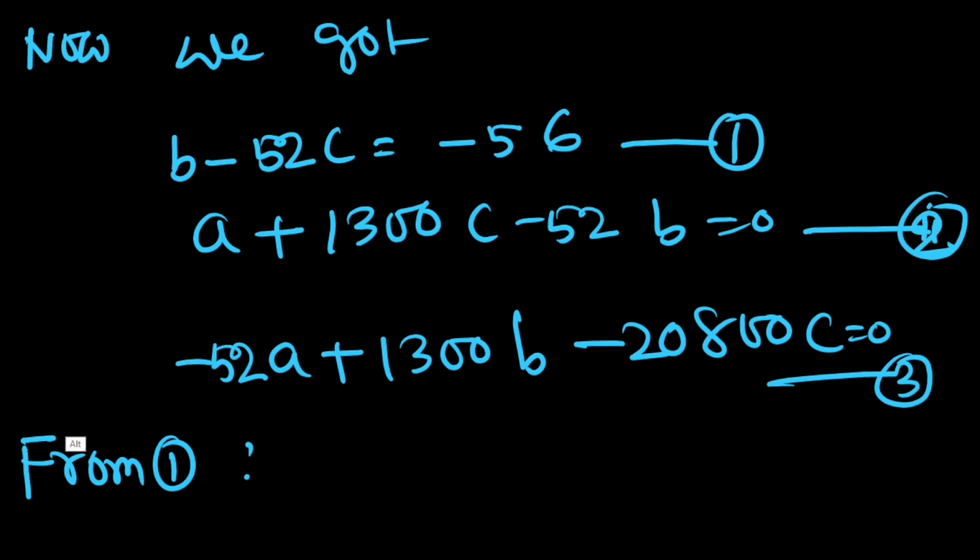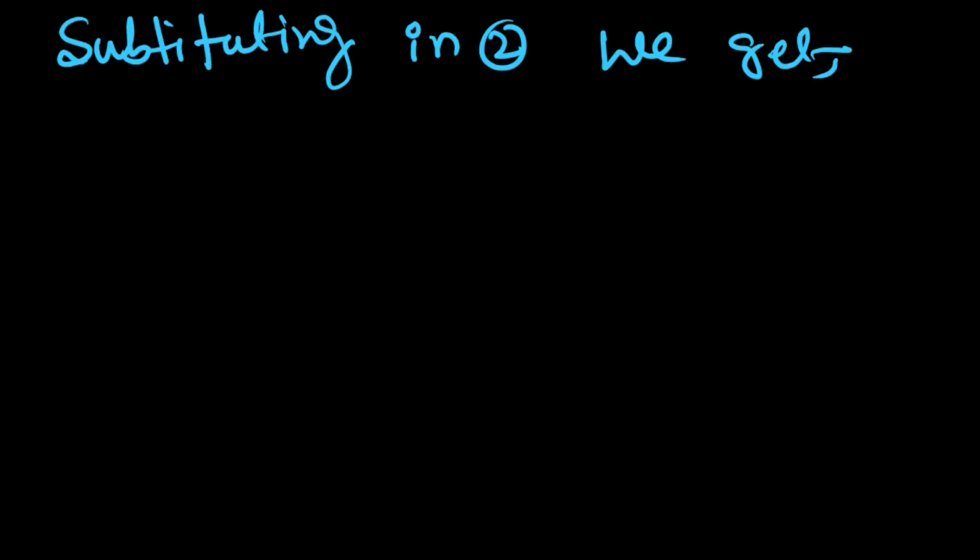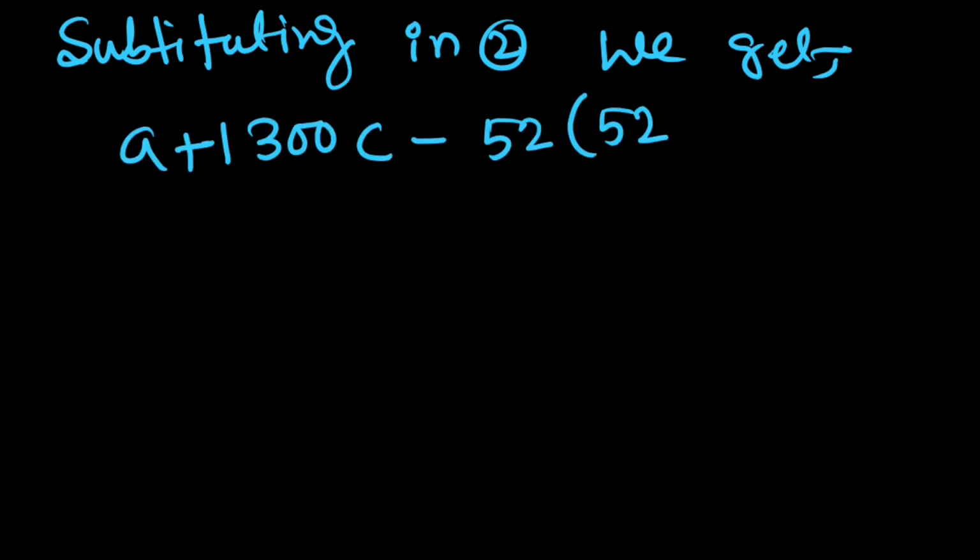So from equation 1, b is equal to 52c minus 56, numbering it 4. Now substituting in 2, we get a plus 1300c minus 52 times the value of b, (52c minus 56), is equal to 0.